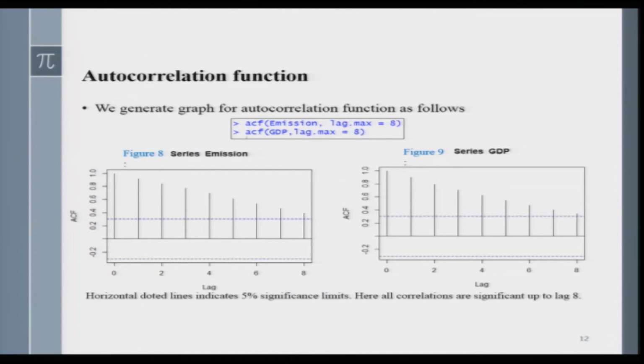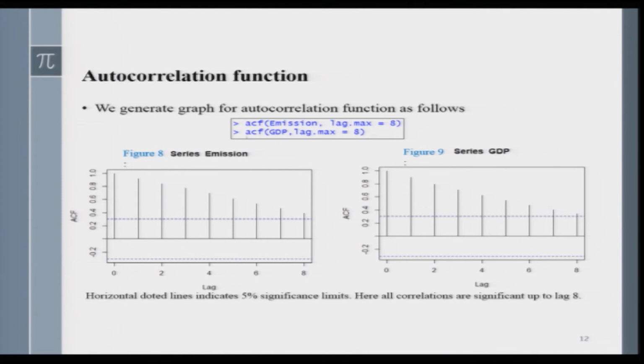We can generate correlograms for both variables by writing this command, ACF, naming the variable, and then indicating the maximum number of lags. Here I have chosen 8 lags, but it can be 10 also, or 4. It is an arbitrary choice from my side.